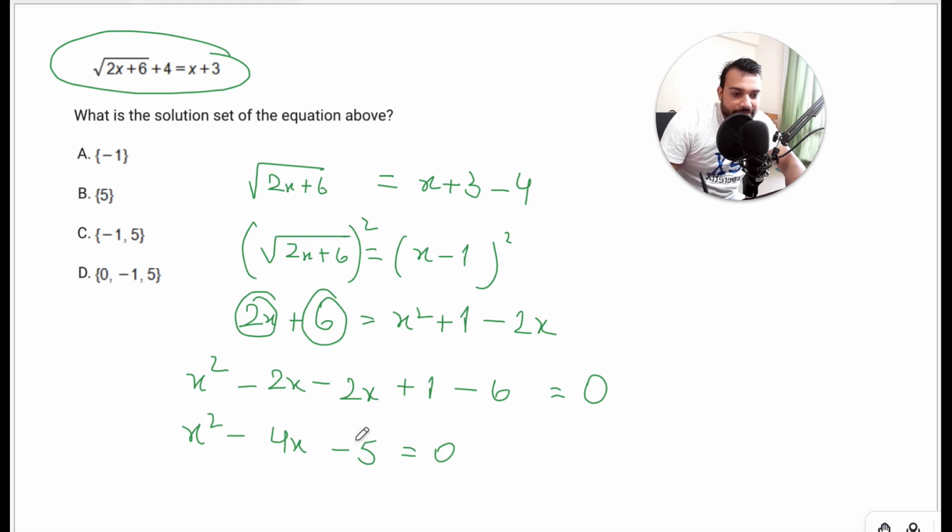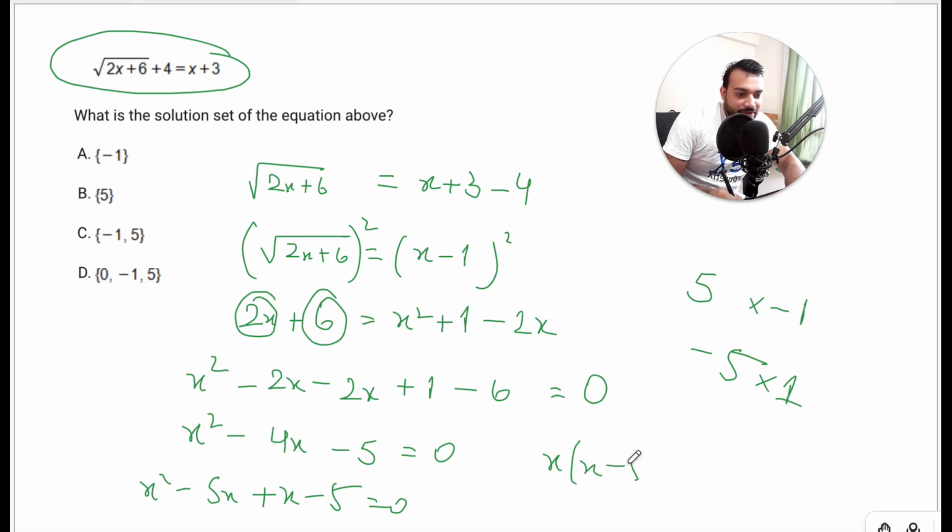Now let's try to find the solution. It's pretty obvious that we need to have a negative 5 when we break into parts. That should multiply to a negative 5. So this can be 5 and negative 1, or negative 5 and 1, since the difference has to be negative. So x squared minus 5x plus x minus 5 is equal to 0.